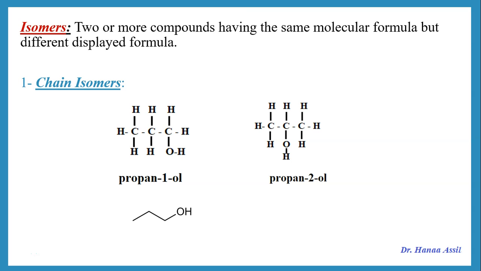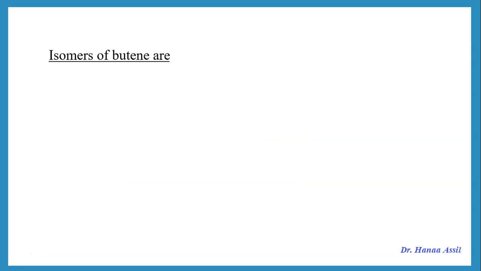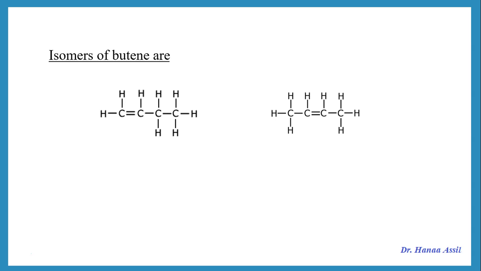And remember, how do we draw skeletal formulas for this? These are the skeletal formulas. Please make sure you are acquainted with all of this. What about drawing isomers of butene? Butene has 4 carbons and ene means there is a double bond. Now, where am I going to put the double bond? That's the difference.